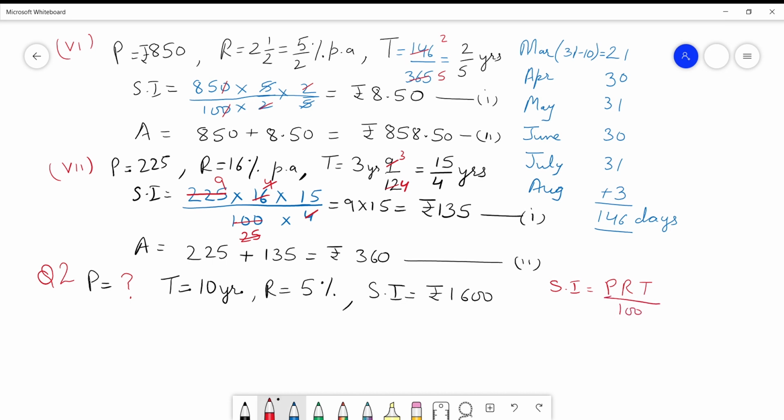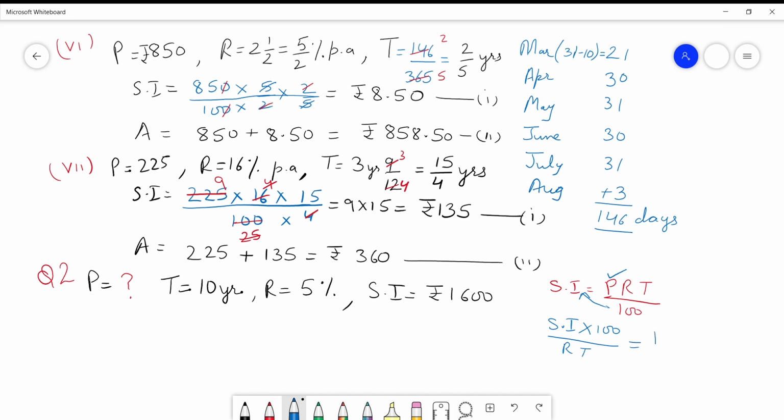From this, I make a formula for P. How? This, if I take to the LHS side, what I have to do is multiply it. SI multiplied with 100, and this R and T, which is multiplied to the principal, will be divided over here.